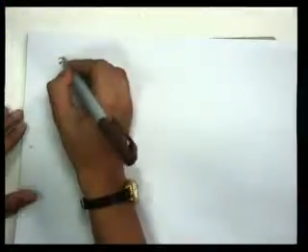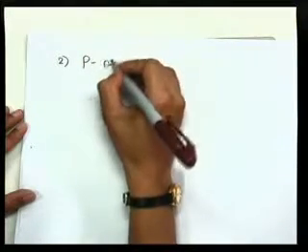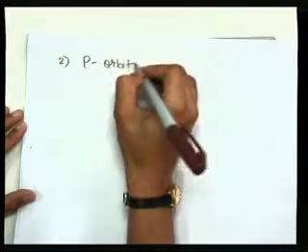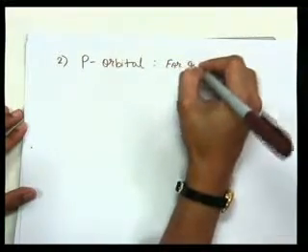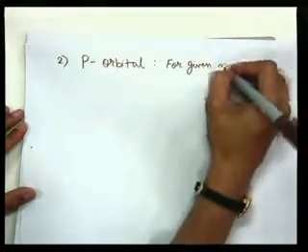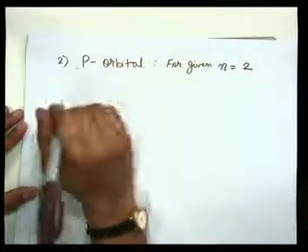Now taking the case of the p orbital. What happens? For given value of principal quantum number n equal to 2, again we will use those formulas.